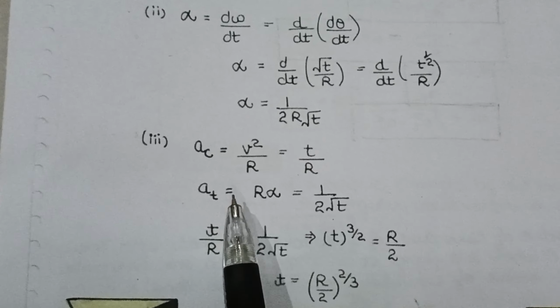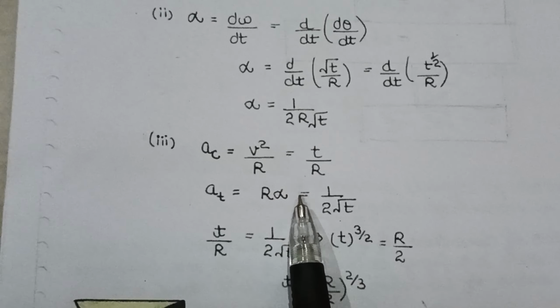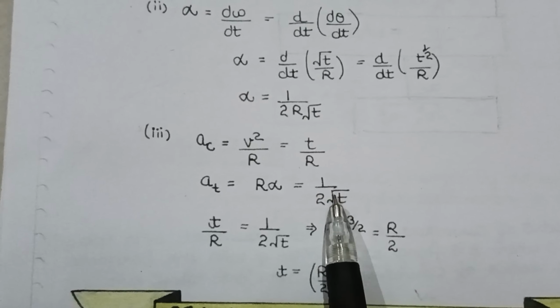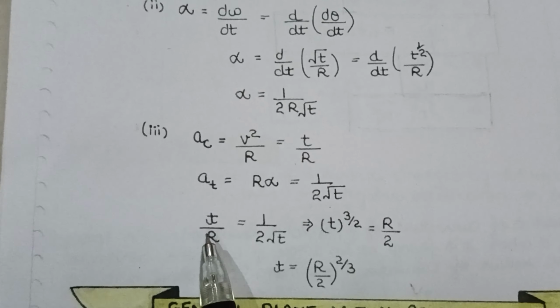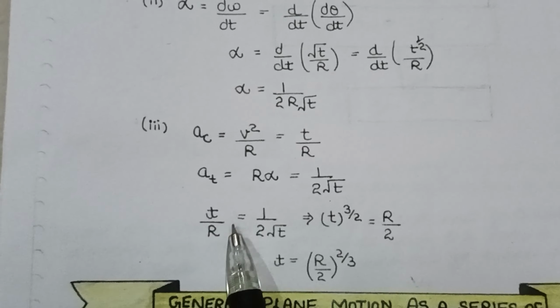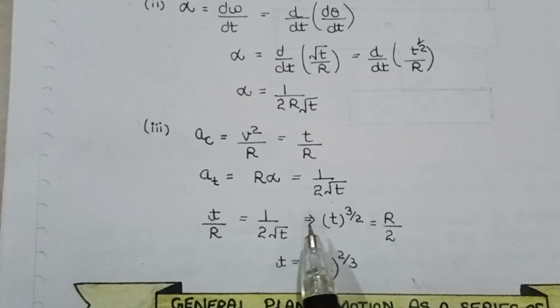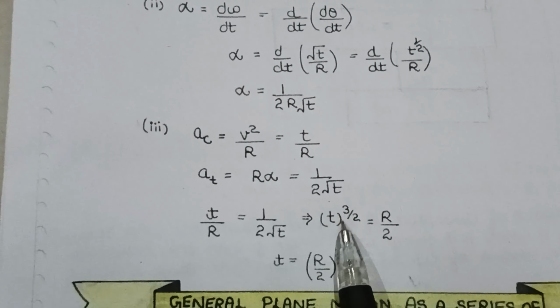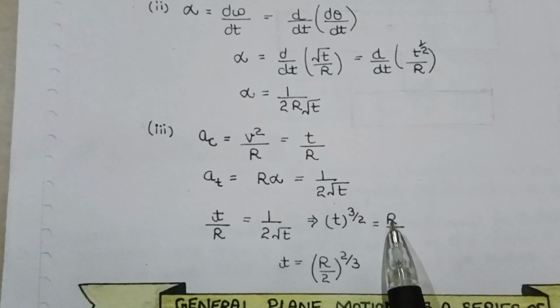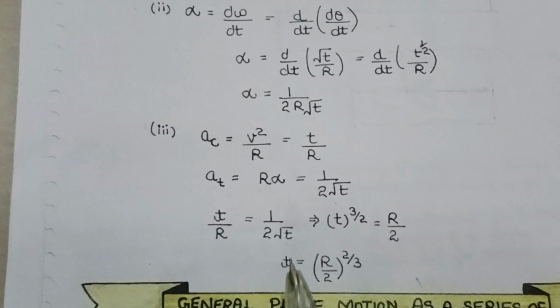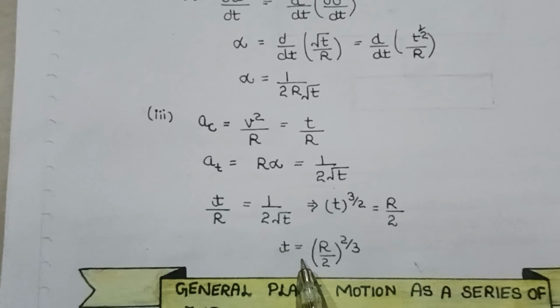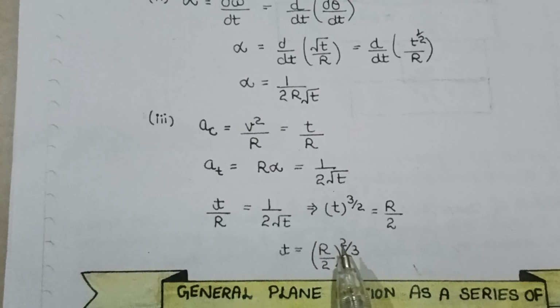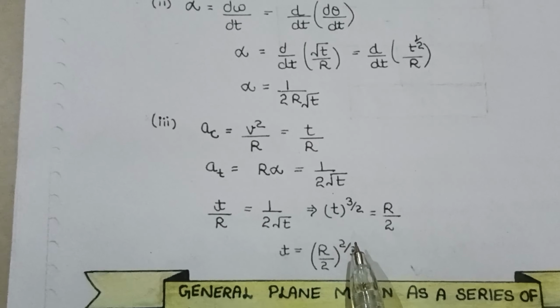Tangential acceleration is equal to r into alpha, is equal to 1 by 2 into under root of t. Therefore, t upon r is equal to 1 upon 2 under root of t. So 2 under root of t gives t power 3 by 2 is equal to r by 2. Therefore, t is equal to (r by 2) power 2 by 3.